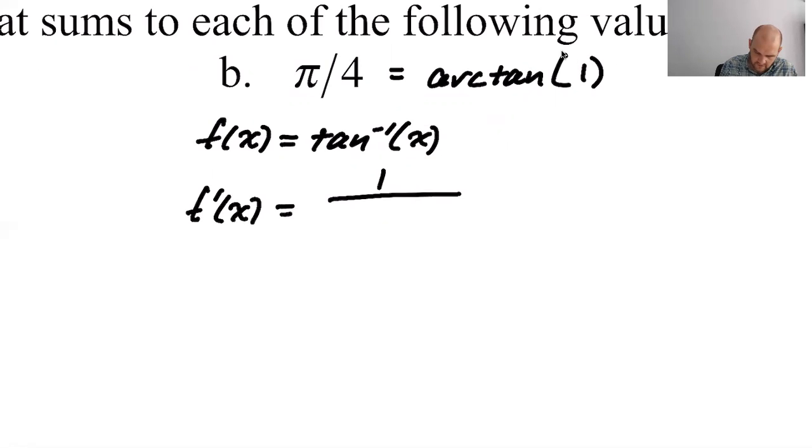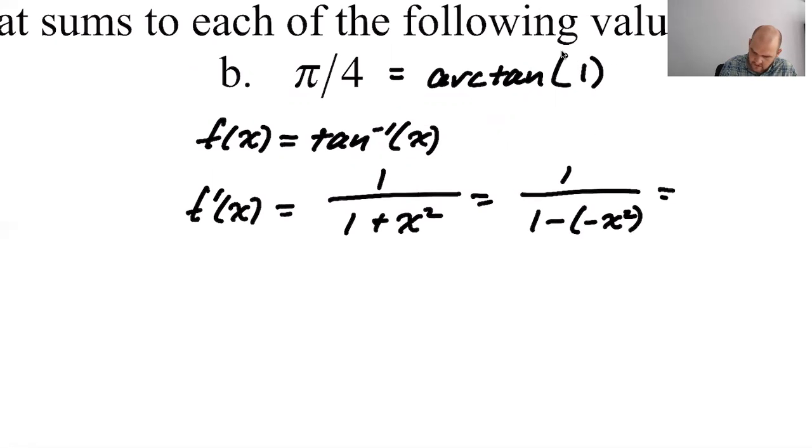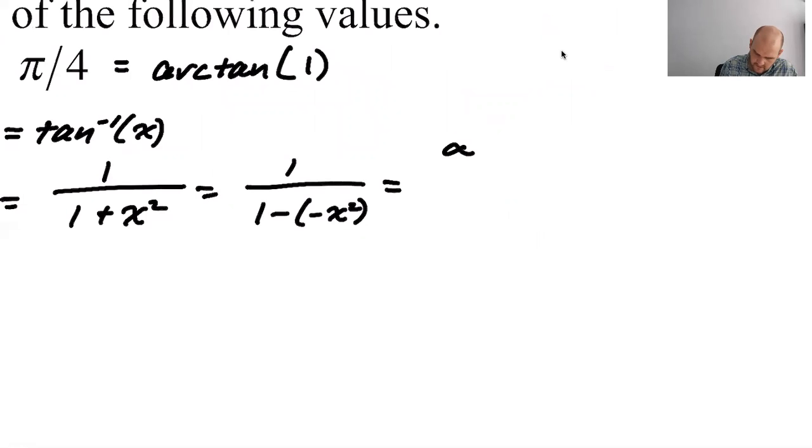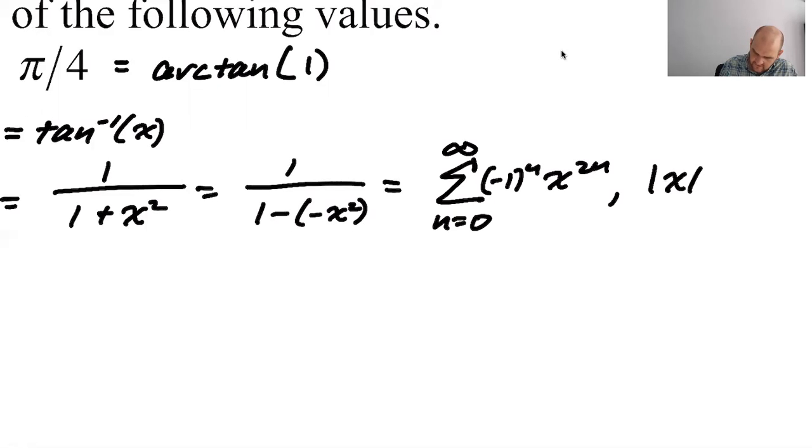Right? 1 over 1 plus x squared, which is 1 over 1 minus negative x squared, which is the sum of negative 1 to the n, x to the 2n, where the absolute value of x is less than 1.